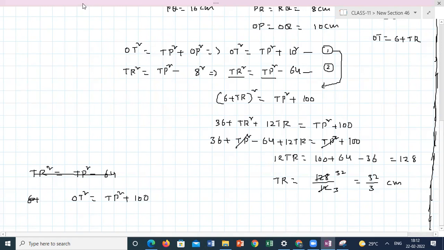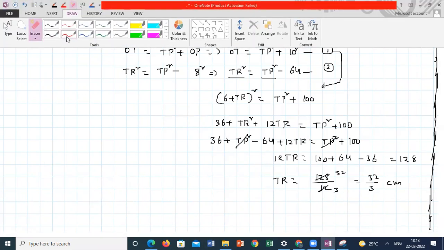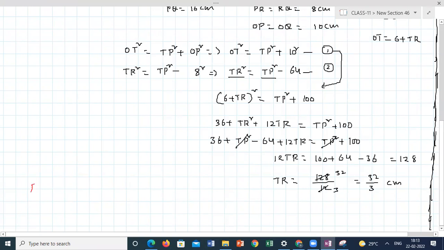Sorry, my mistake. You can use the second equation or first equation, anything you can use. I'm using the second equation. TR square, 32 by 3 whole square, is equal to TP square, which I have to calculate, minus 64. From here, TP square is equal to 32 square by 9 plus 64.